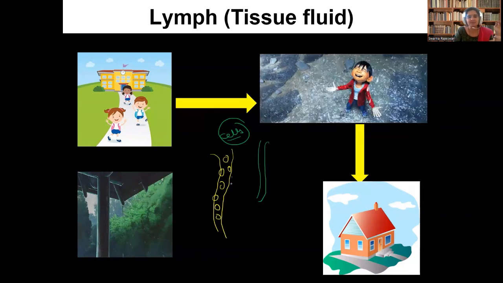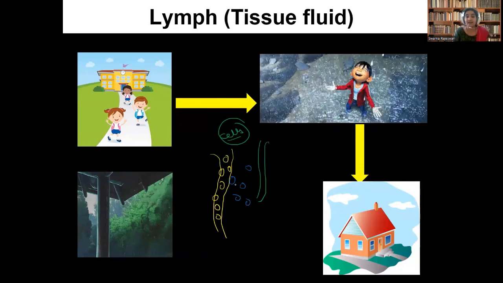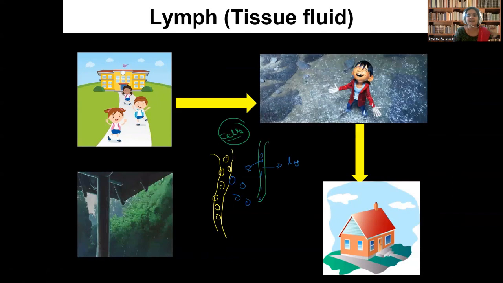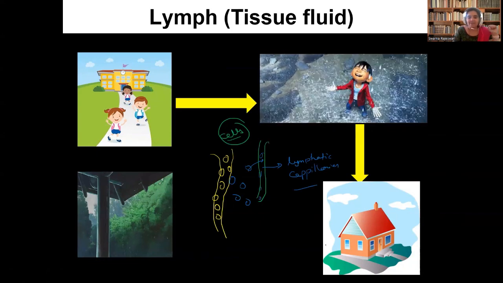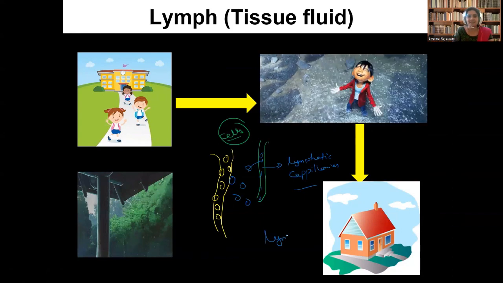They come out, they miss the way, they don't know how to go. They will be present in the tissue fluid. Later, all these will be collected again in some capillaries, which we call lymphatic capillaries, and everything will be accumulated at one place, which we call lymph.